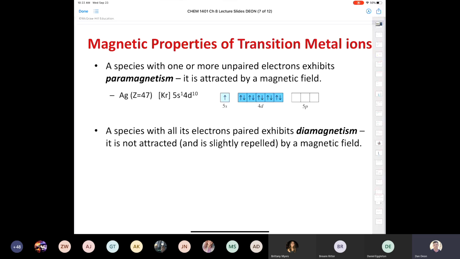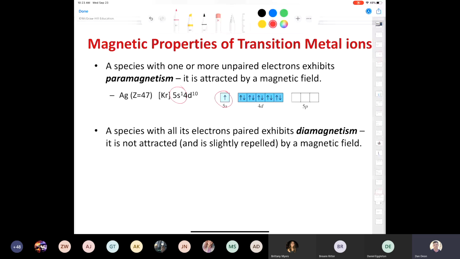Anyhow, a species with one or more unpaired electrons exhibits what's called paramagnetism. All you need to know is that if you have unpaired electrons in your electron configuration, like 5s1, that's got an unpaired electron, it's going to be attracted to a magnetic field. If you have a species with all the electrons paired up, it exhibits what's called diamagnetism.